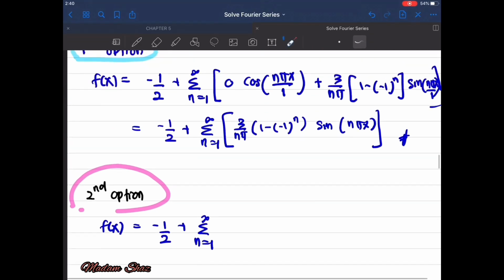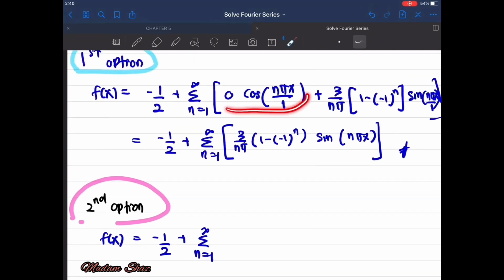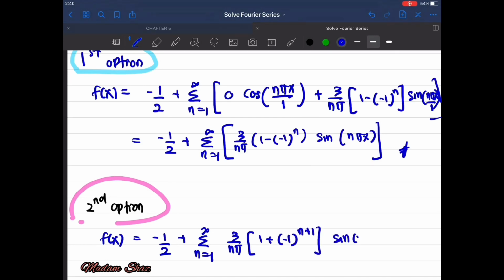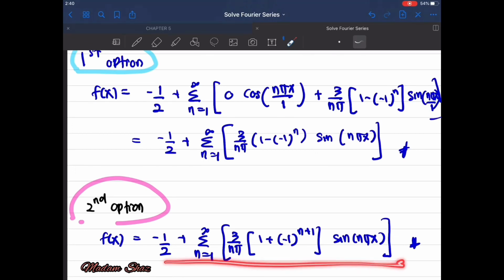Since our a_n is equal to 0, this will become 0, so we only proceed with the b_n here: 3 over n pi, 1 plus (-1)^(n+1), sin n pi x. So this is the final answer for the Fourier series expansion, whereby we use the second option for the answer of b_n.